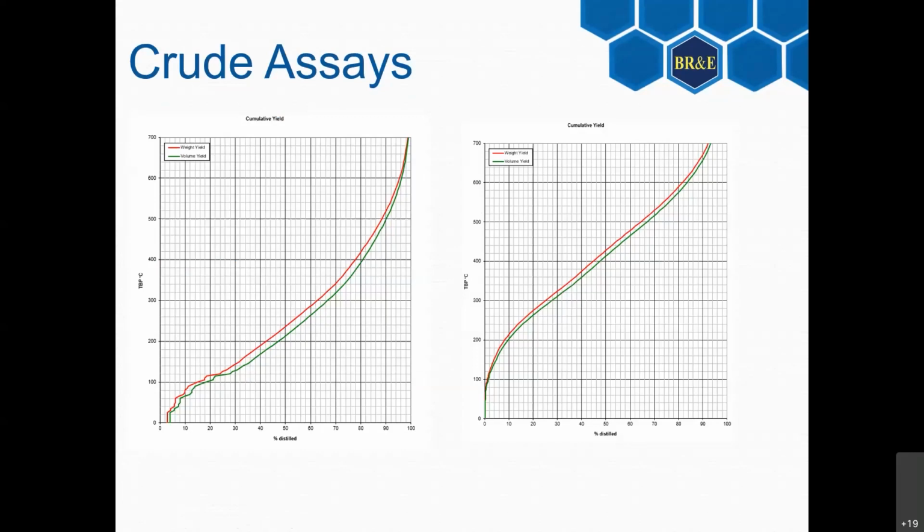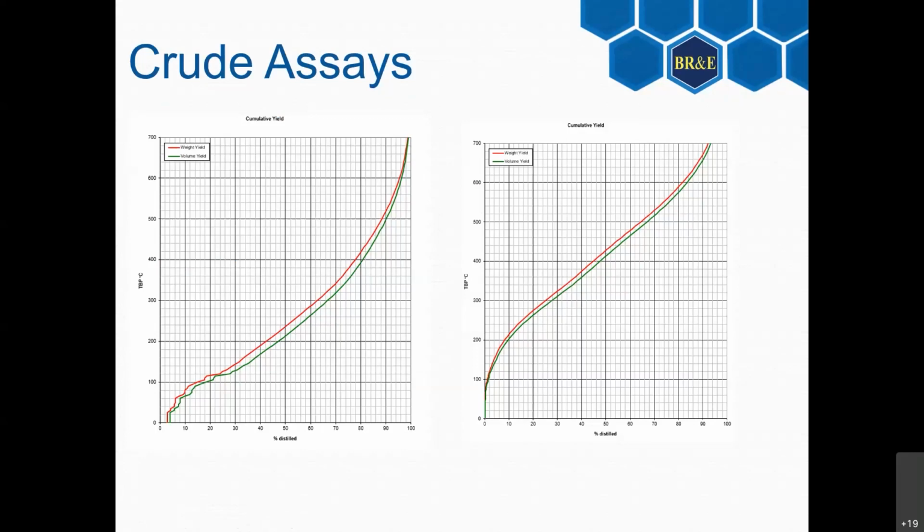So it's a much heavier crude, and we would not expect to distill a great deal of that crude, certainly in an atmospheric column. And so to really process the crude on the right here, you would need to further process it in a vacuum unit and then conversion units downstream of that, of course.